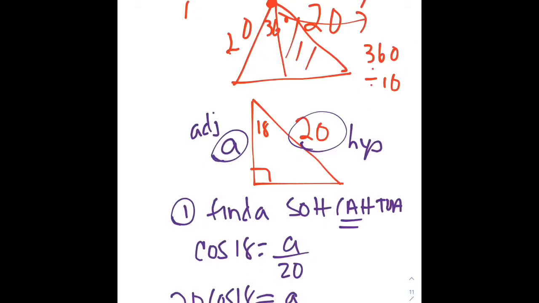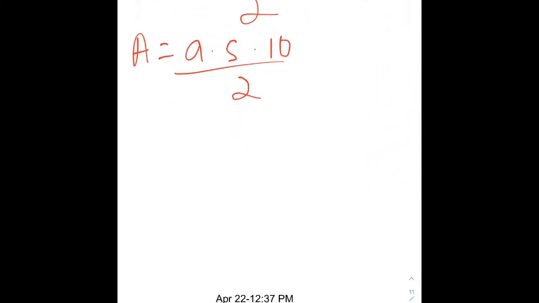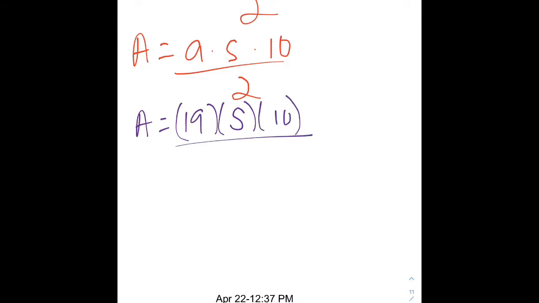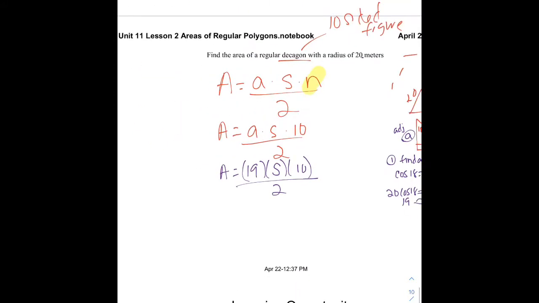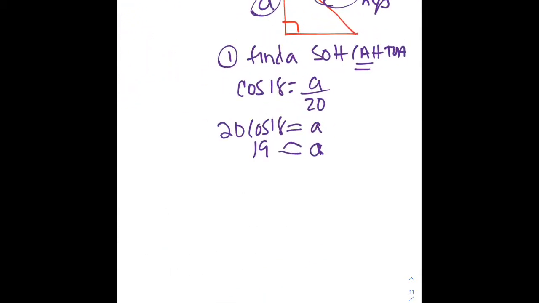That gives me 19. Okay, so my apothem is approximately 19. So what I have so far is 19 times the side length that I don't know times 10 over 2. Well, we have found side lengths before. Next, in order to find this value, I'll just call that x.